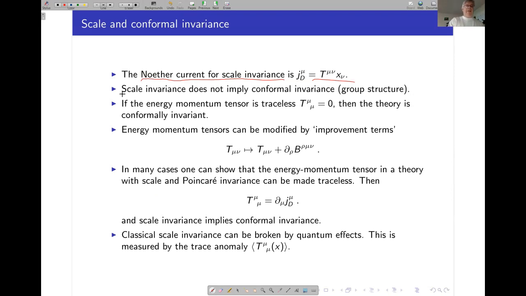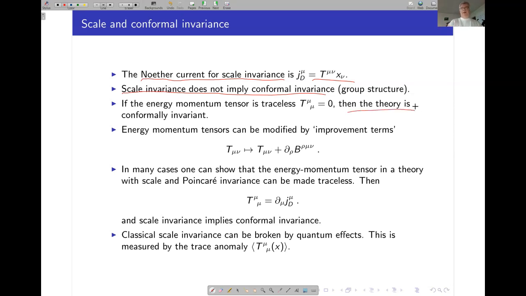Now, scale invariance does not imply by itself conformal invariance. We have seen this from the group structure. I can have a smaller group of affine conformal transformations, which closes among themselves without the special conformal transformation. So whether we have just dilatation invariance or full conformal invariance needs to be investigated case by case.